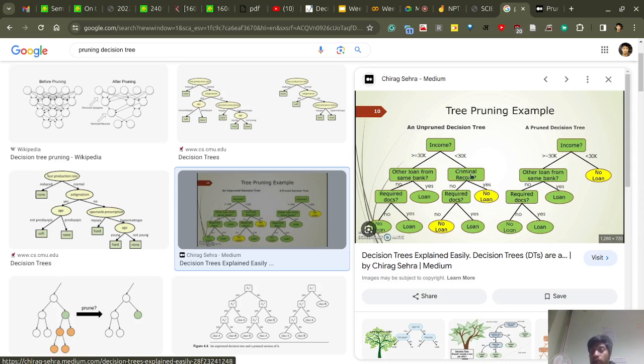So again we are going one level up here, okay, and we are saying that if we just merge them, let's for example take here yes is more, suppose yes is 10 and no is 5, and here we are thinking that if we remove this and just say if the criminal record is no, we are just giving the loan.